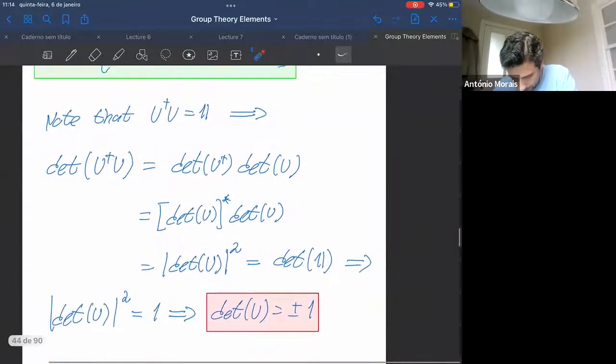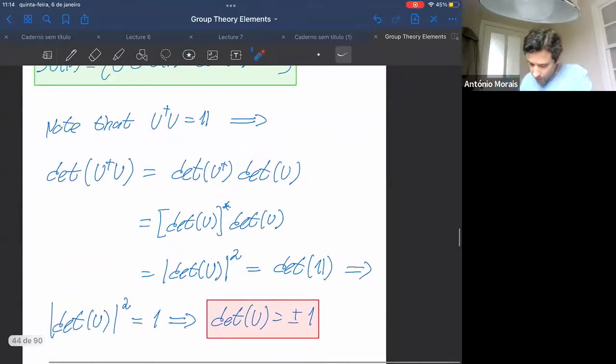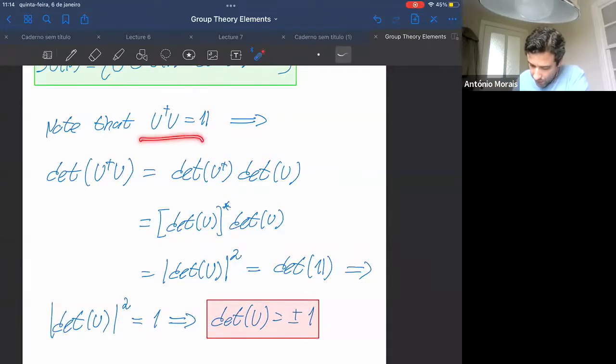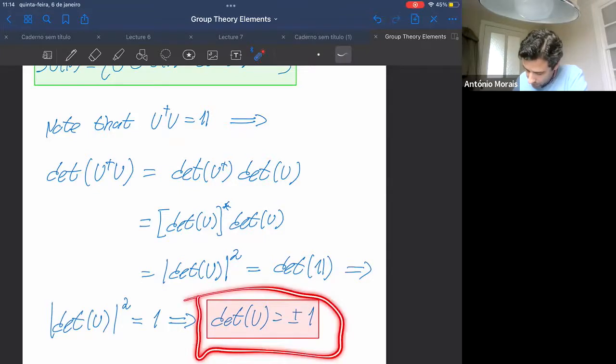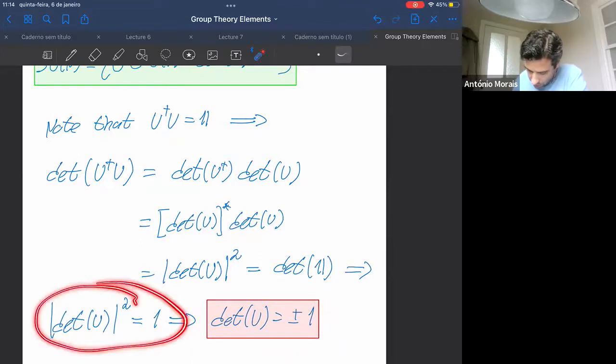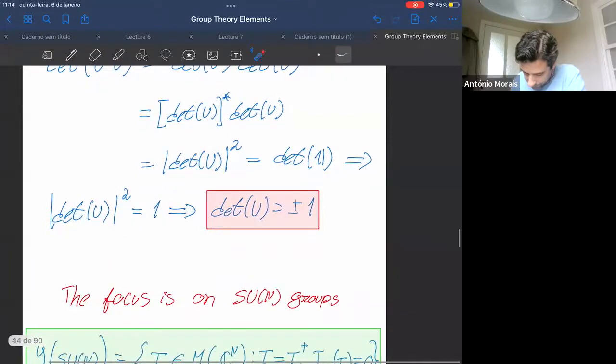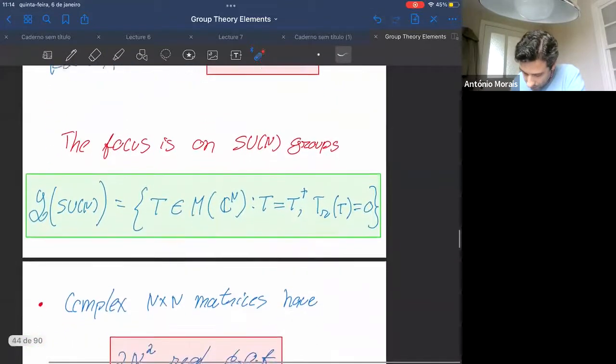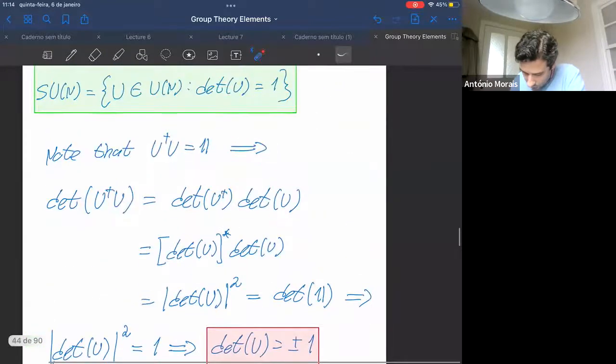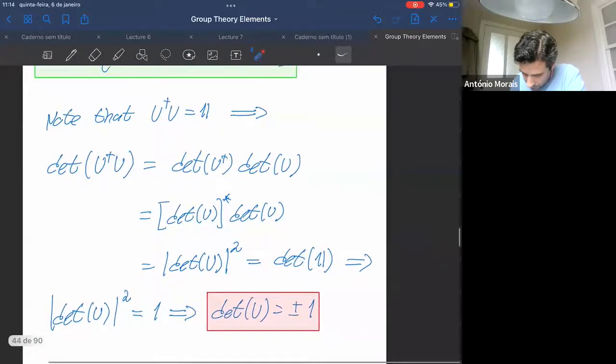Right. So now you can see from here, from this unitarity condition, that the determinant in fact can be equal to plus or minus 1. This is because you get this condition when you evolve this. I'm just wondering why this condition was put here.